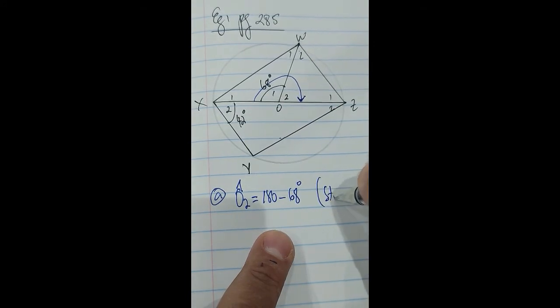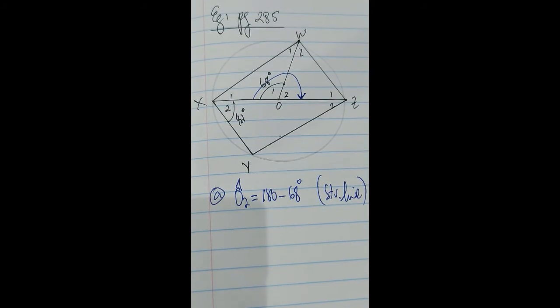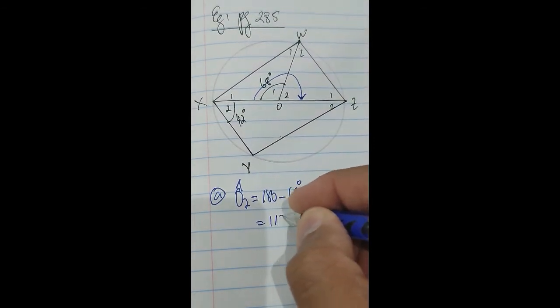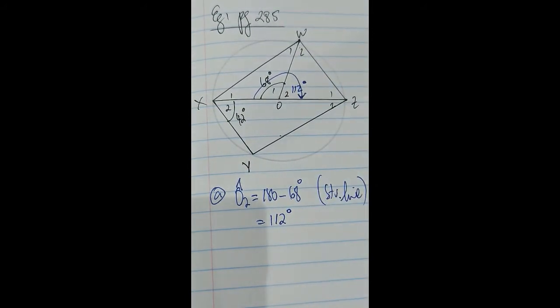Okay, so it's angles in a straight line. So 180 minus 68 is going to give you 112. Yes, it's 112. So that's going to simply be 112 degrees.